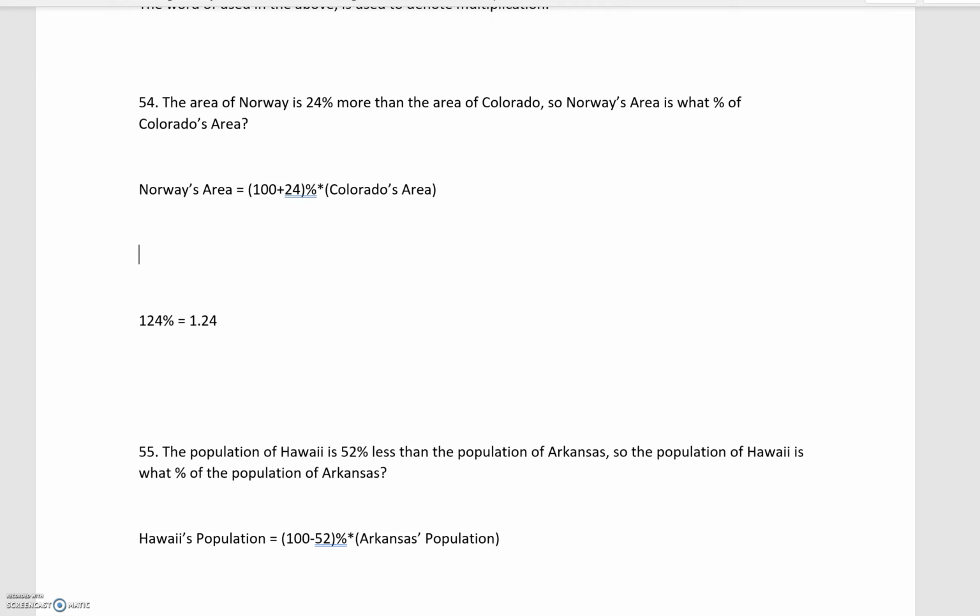So to answer these questions, Norway's area is 124% of Colorado's area. And Hawaii's population is 48% of Arkansas's population.